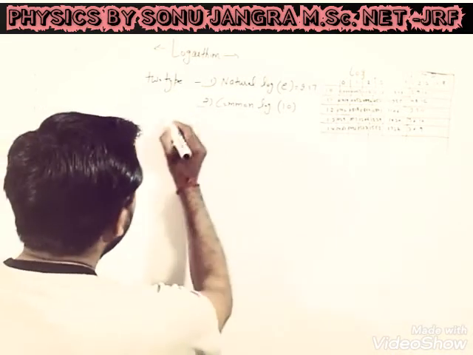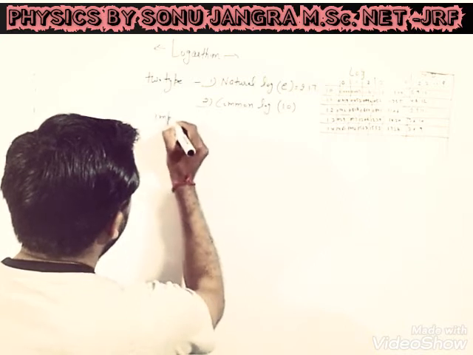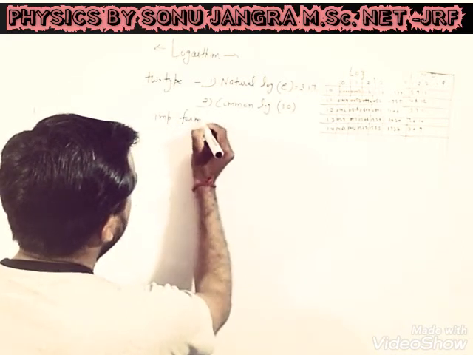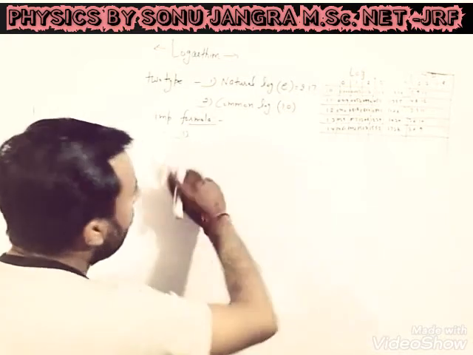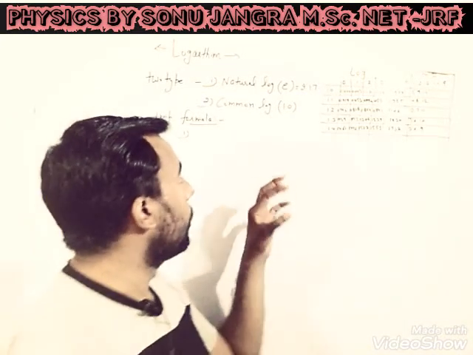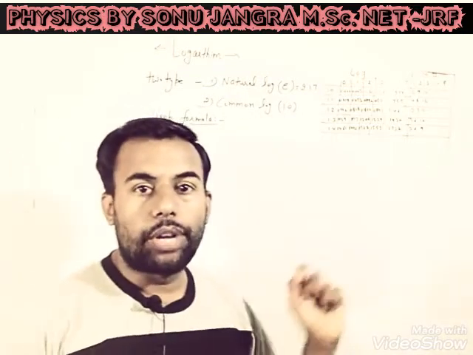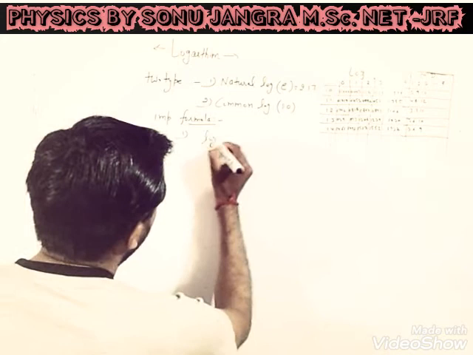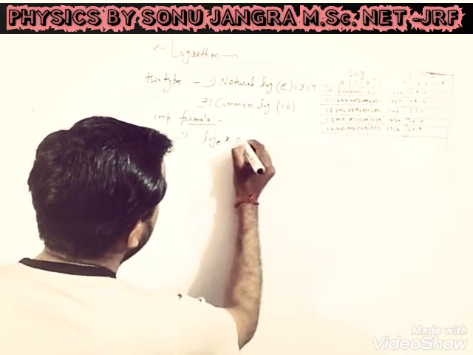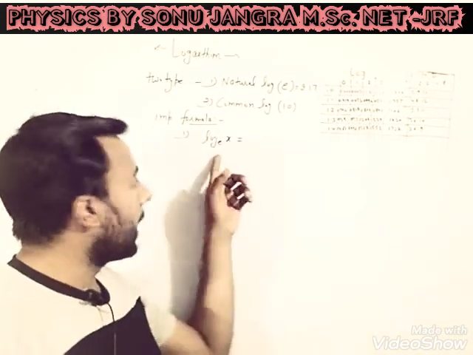Okay, so one by one we discuss, first the natural log and after that the common log. Some important results, important formulas, are written here. The first one is how to convert log values from natural log to common log. Consider log of any value x with base e.